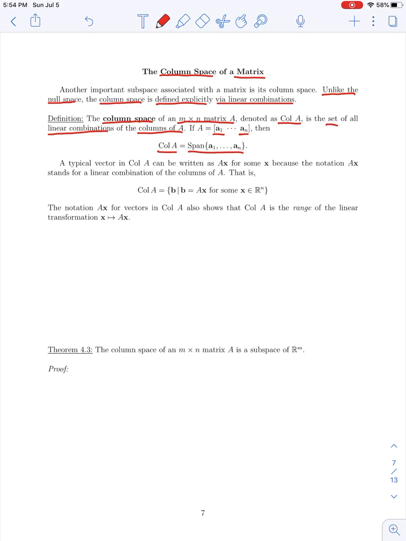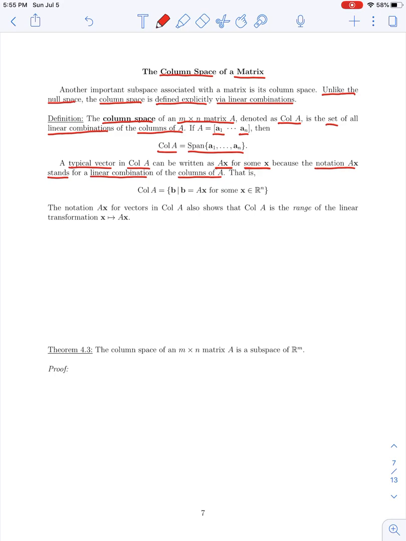Now, a typical vector in the column space of A can be written as A times x for some vector x, because the notation A times x, we know, can be used to represent a linear combination of the columns of A. So the entries in that vector x are the weights of the linear combination.